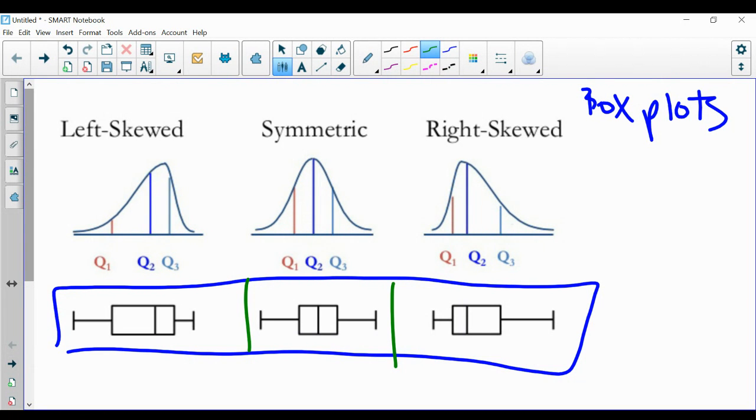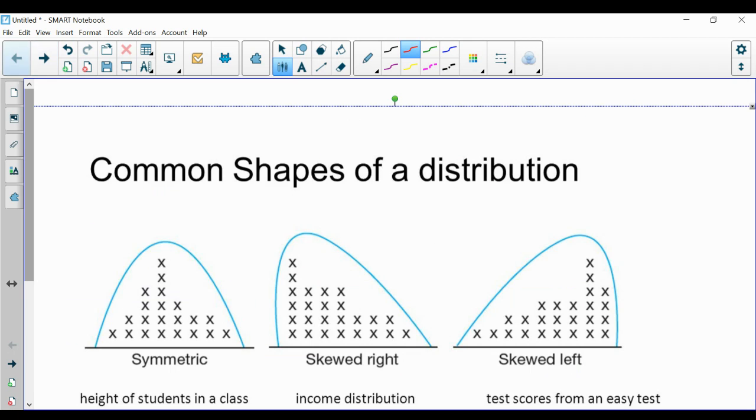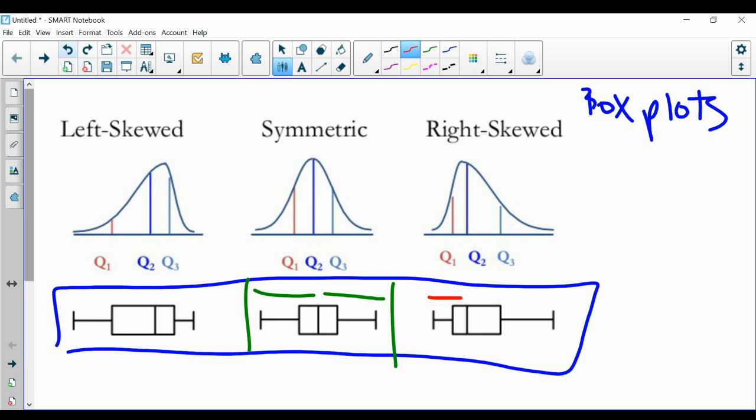It looks like this is half and this is half. It doesn't look like it's scooted over to one side or another. It looks fairly symmetrical. But when we look at our right skewed, this is half of our data, and that's half of our data. That one does look like it's not even.